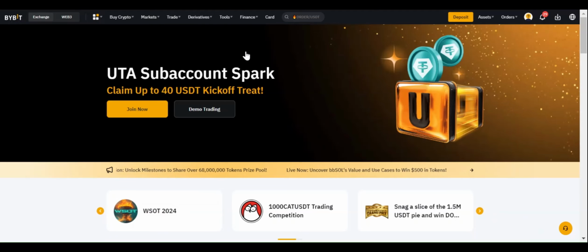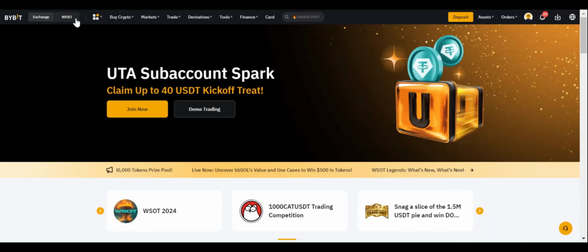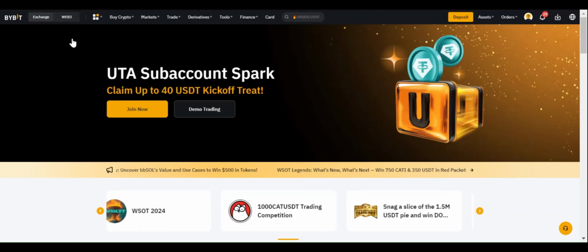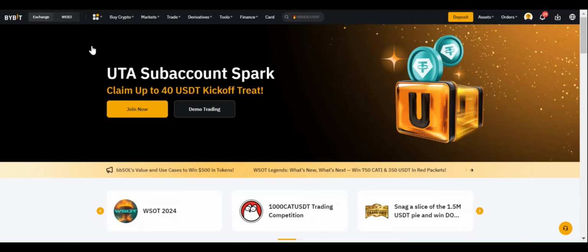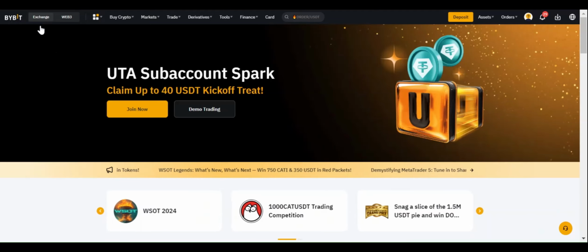So let's get started. We're going to go from left to right. This says exchange, this says Web3. They have an option for you to use Web3, but Web3 is a decentralized wallet. So this exchange is the centralized exchange that we want to learn about.